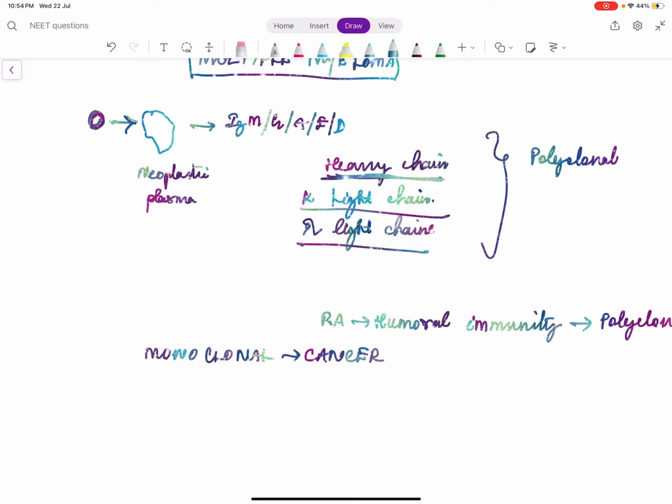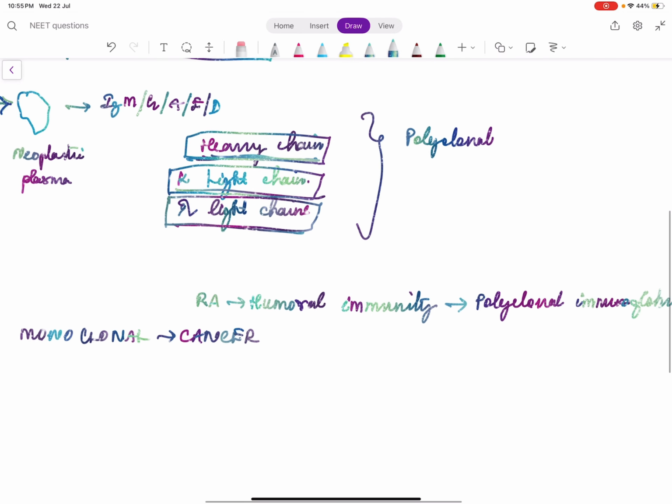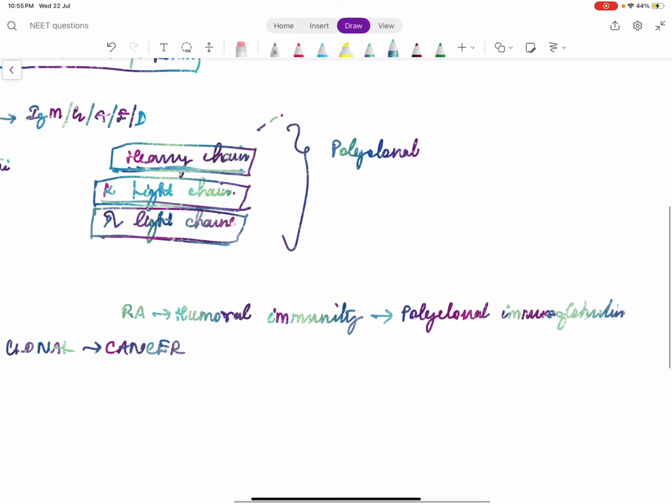Either it produces heavy chain alone in excess, or only kappa chain in excess, or only lambda chain in excess. Then it becomes problematic. When heavy chain is produced more, we call it heavy chain disease. It's not important for your NEET PG, but there's a disease called heavy chain disease.